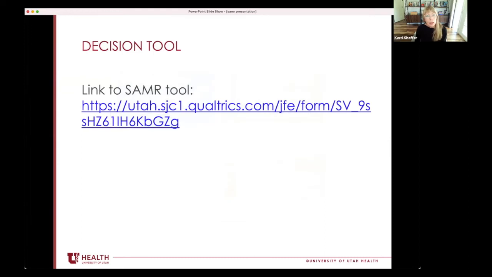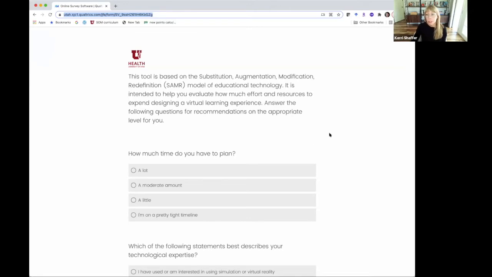Next slide. So as we were thinking about this, first we were just thinking that we would share this with people, that you need to think about technological affordances and situational affordances and go be successful with that.